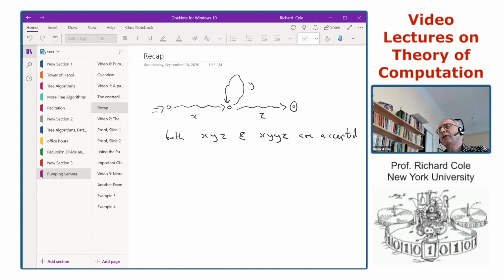And one way to look at this is a DFA is really a directed graph. And in order to accept a string, you follow a path from the start vertex to an accepting or final vertex. And if the string is long, the path that you're following has to be equally long.